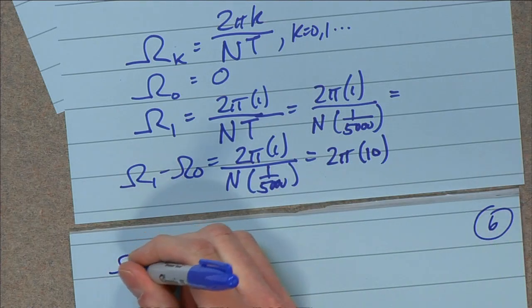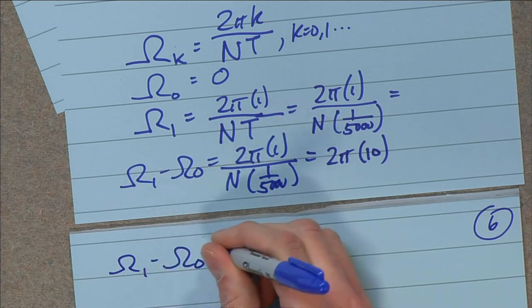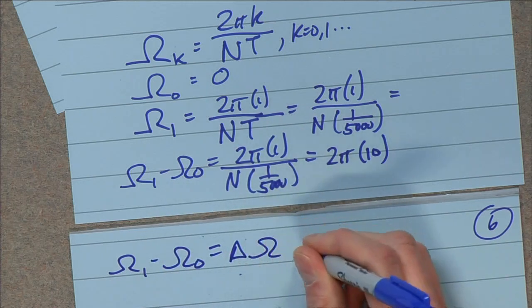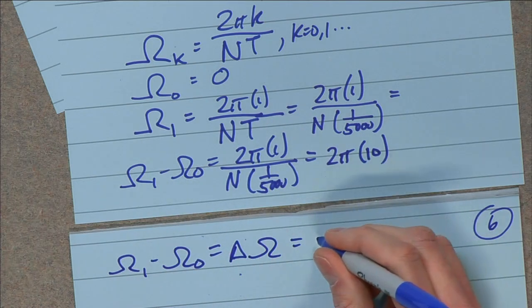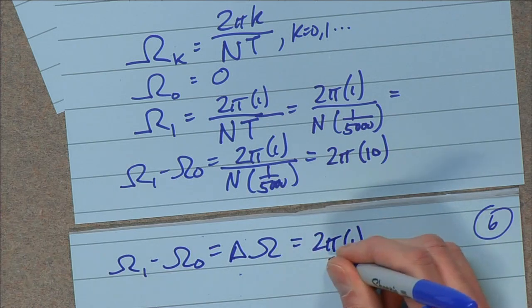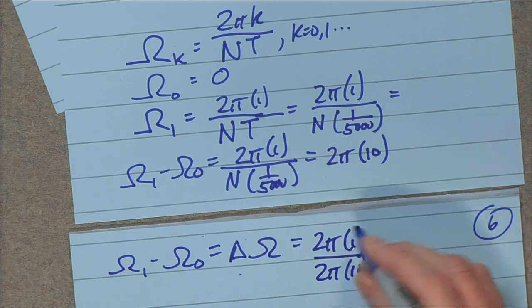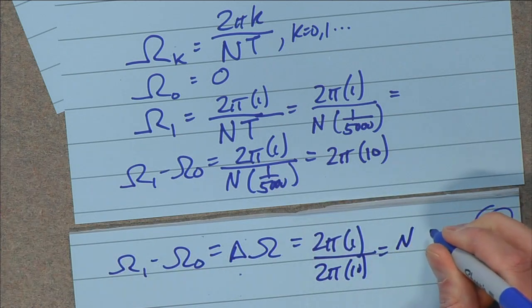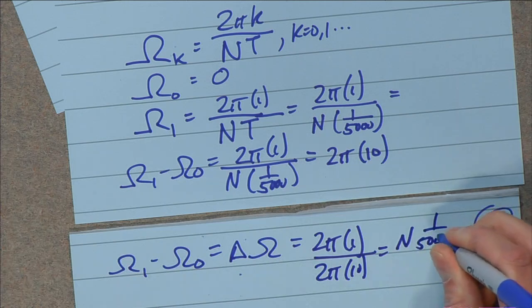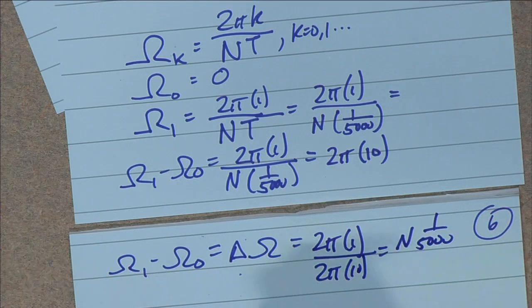So omega 1 minus omega 0, which you could call delta omega, is going to be what? 2 pi times 1 all over 2 pi times 10 times n over 5,000. I just sort of move things around somewhat clumsily.